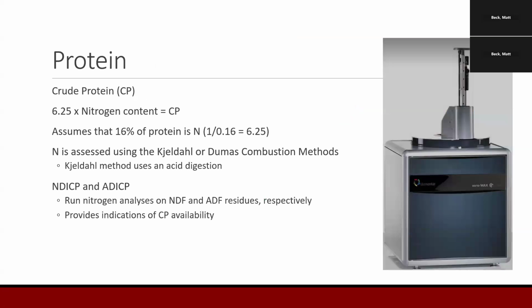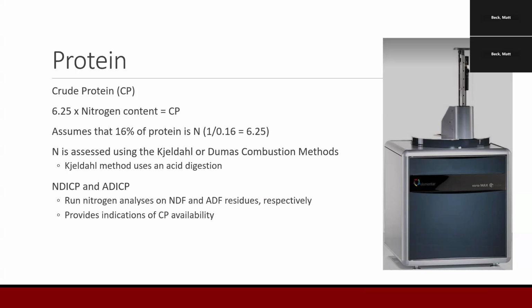Okay. Protein. As we said, when we're talking about crude protein, we are really talking about nitrogen. We assume, and this is probably more true for ruminants, that nitrogen can be utilized by the animal, really not utilized by the animal but by the microbes, to create amino acids that the animal can use for metabolism.